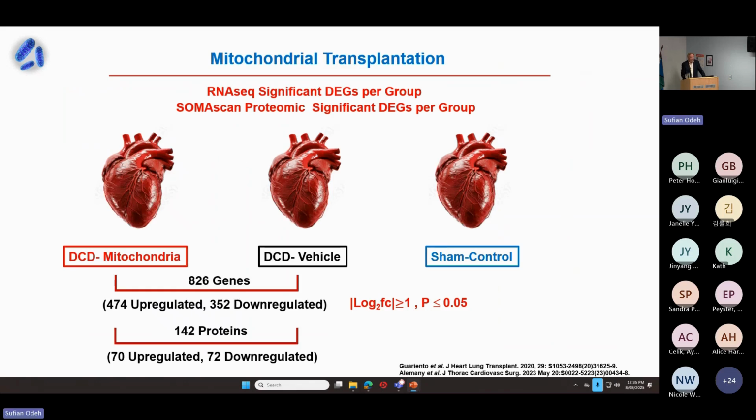If you want to look at this on differential gene expression, between the DCD hearts that get mitochondria and the DCD hearts with vehicle, there's 826 genes different, differentially expressed, and 142 proteins. And this is at a log greater than 1.